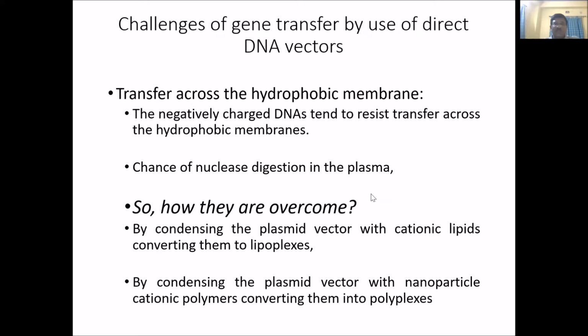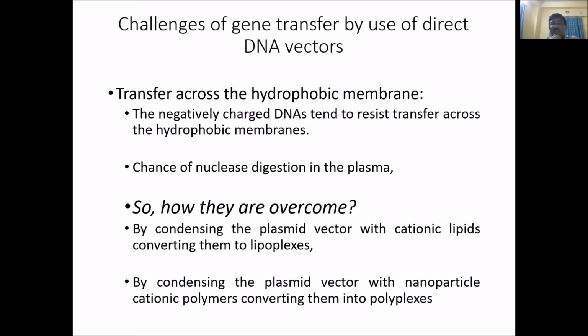First, you condense the plasmid vector, this is particularly suitable for plasmid vectors, with cationic lipids, converting them into lipoplexes or lipid droplets or lipid aggregates, or you can convert them into liposomes.